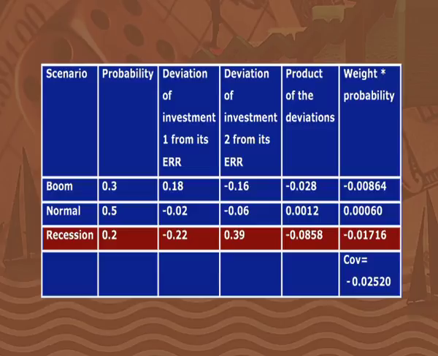Weight multiplied by the probability is minus 0.01716. Hence, the summated weights will bring a covariance of minus 0.02520. Since the calculations produce a negative covariance, there is a tendency for the returns on the portfolio to co-vary in opposite directions.